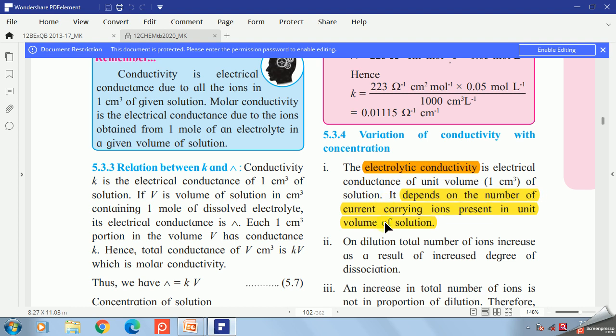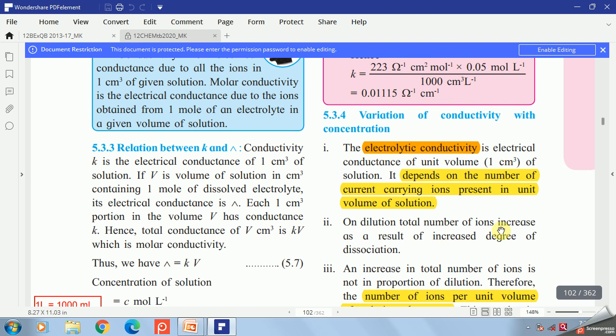It depends on the number of current carrying ions present in unit volume of solution. So as the number of current carrying ions increases in that particular volume, conductivity increases. On dilution, the total number of ions increases as a result of increase of degree of dissociation.